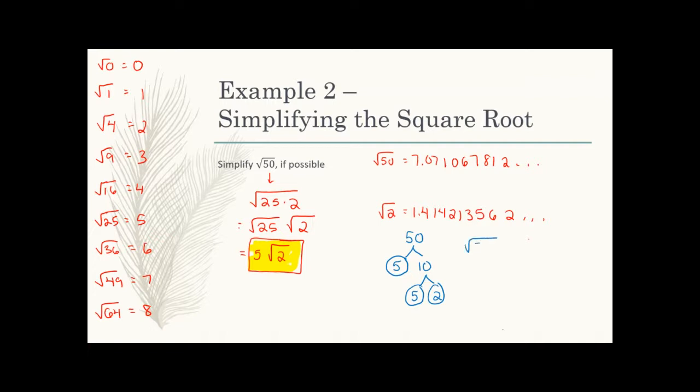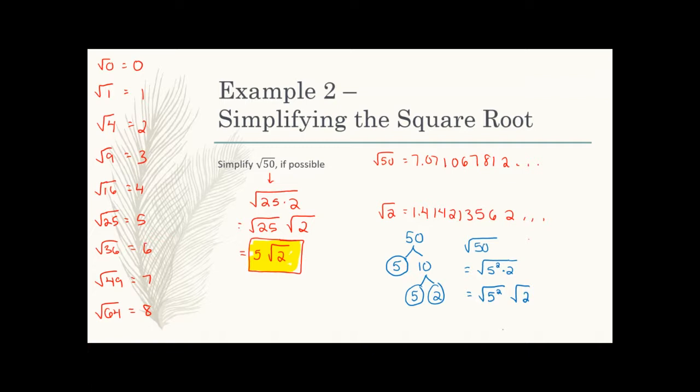So using the factor tree, what we could do is, instead of writing the square root of 50, we can use the prime factorization. We have 5 times 5, so we can write that as 5 squared, and then times 2. So we're just going to write that prime factorization inside our square root. And then we're doing the same thing that we did before. We're just splitting it up. And then the square root cancels out a square.